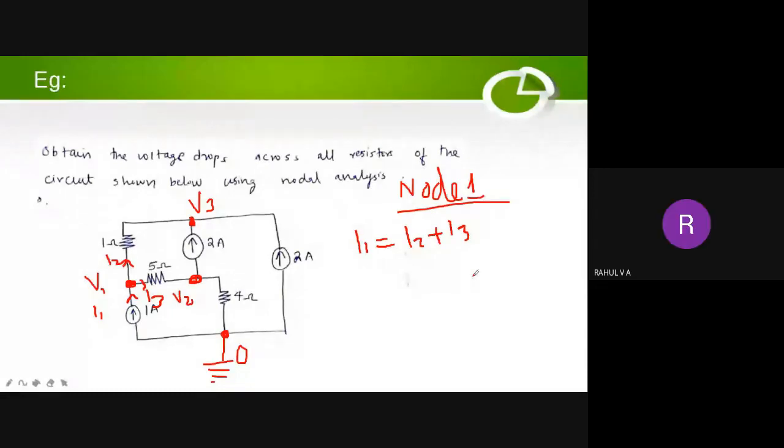Okay, so Jyothish, how to write the expression for this equation in terms of voltage? Turn on the mic and speak.